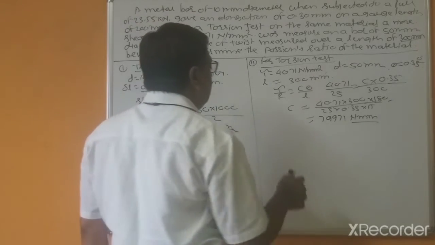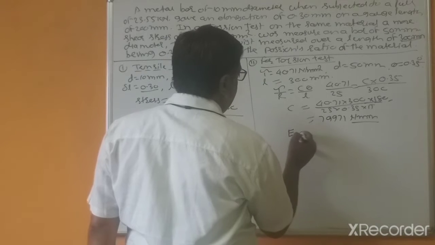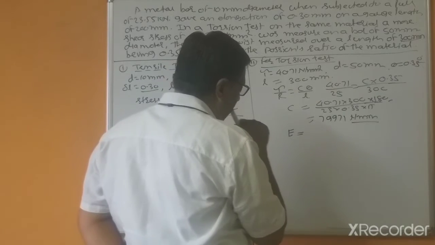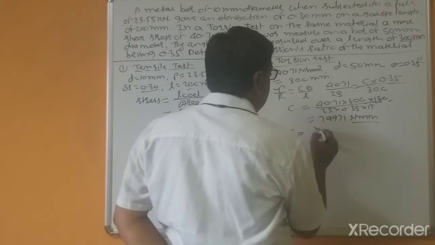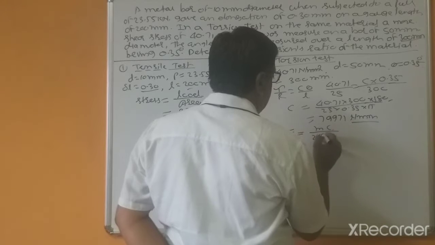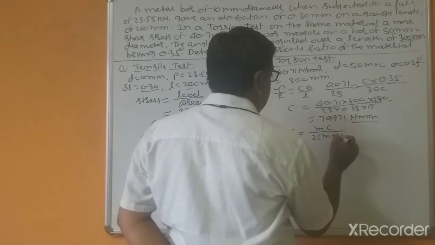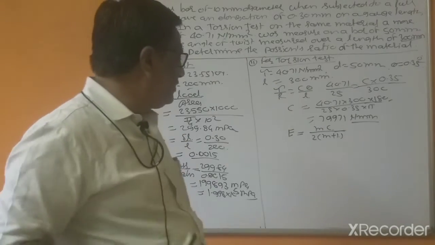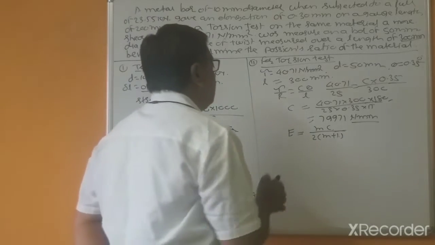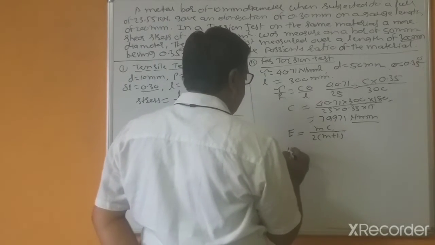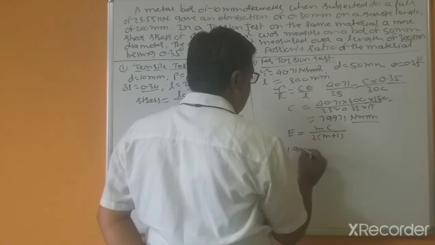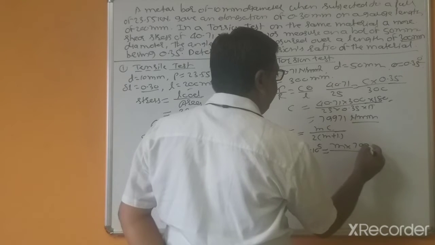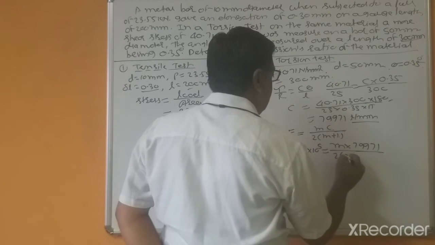Next, another relation: E equal to 2C into (1 plus m), where m is Poisson's ratio. So E is 1.998 into 10 to the power 5 and C is around 80,000.